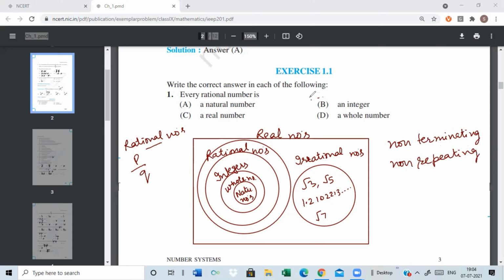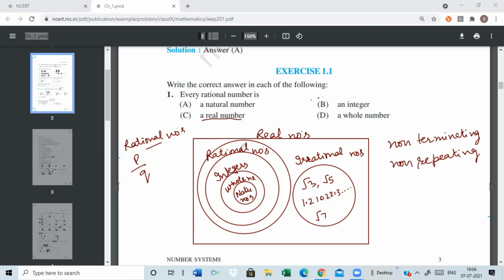Now, the outermost circle is the rational numbers. In rational numbers come the integers, in integers come the whole numbers, and in whole numbers come the natural numbers, right? So we can say rational numbers are real numbers, because all rational numbers may not necessarily be integers, but all rational numbers are necessarily real numbers, because rational numbers are a part of the real numbers.